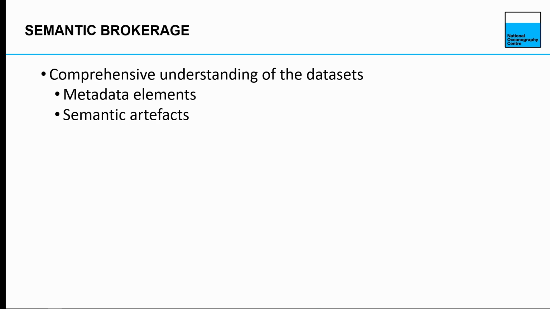And to provide semantic brokerage on that level, you need to really obtain a comprehensive understanding of the data sets, both on the metadata elements that they consist of, and then the values that these metadata elements get, which are the semantic artifacts.